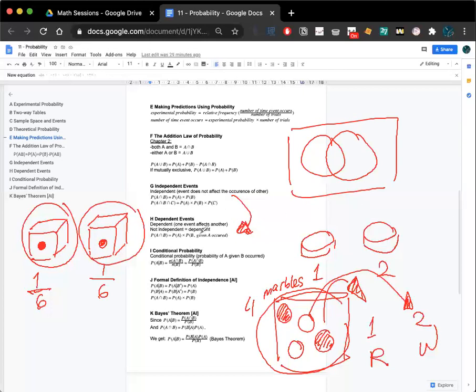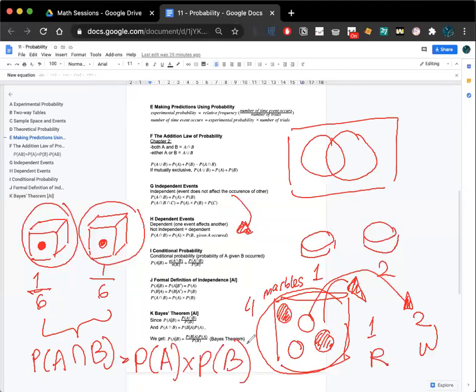And so for independent events, if you want to find the chance of getting both results, P(A intersection B), you can find it by doing P(A) times P(B).